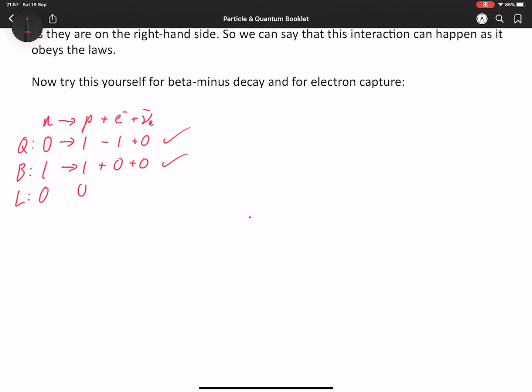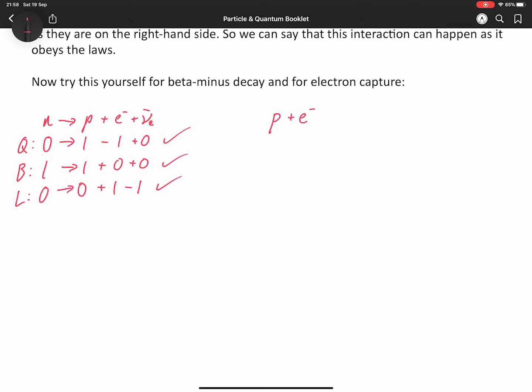Lepton number, again the baryons are obviously not leptons, the electron is, and an antineutrino is an antilepton, so again, balanced. This is proof that this interaction is real and can happen. So if you were given an unknown equation, you might have to check its viability through this process.